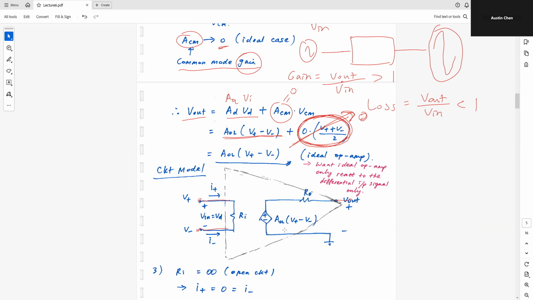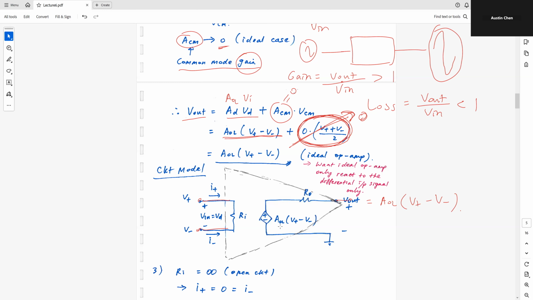If we want this op-amp to behave ideally, what we really need is for this V out to be equal to AOL times V plus minus V minus. In other words, I want this V out to see exactly what this voltage source provides, where V plus minus V minus is the input.